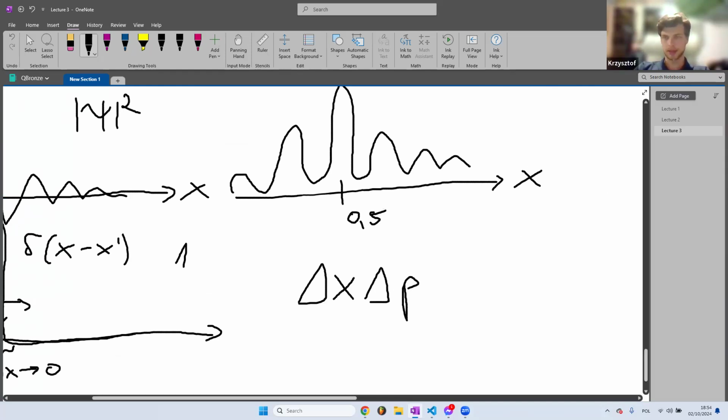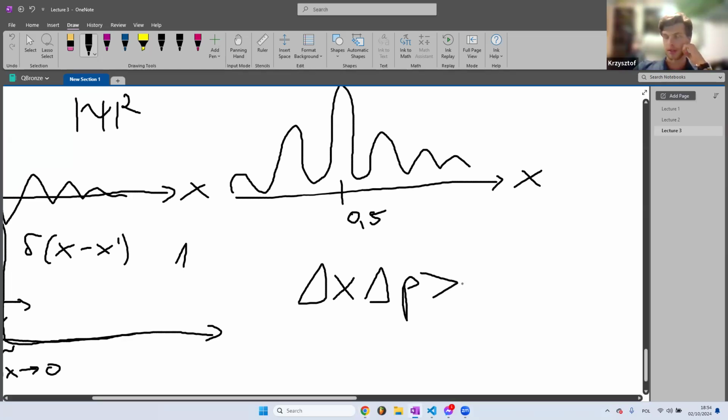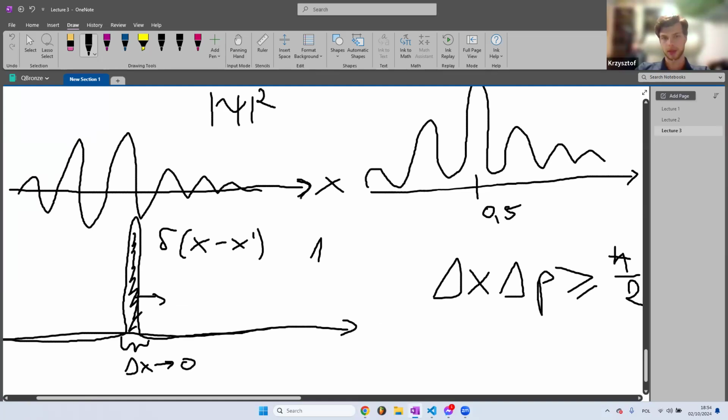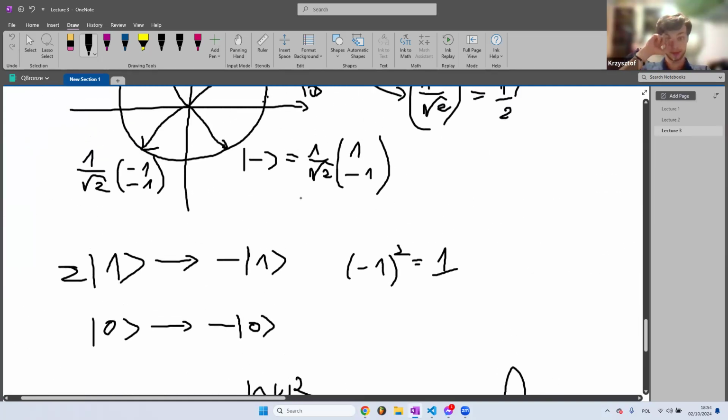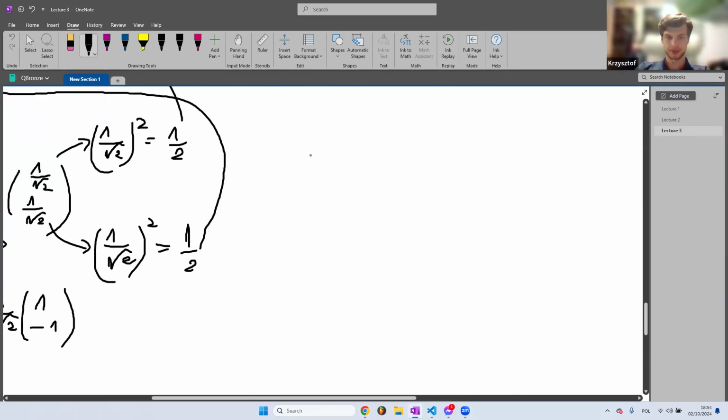I believe it's something like, I will check this, Heisenberg: the product of the uncertainties is greater than some constant, which is ħ over 2. This is in the case of a continuous wave function. But now our wave function is a discrete wave function.